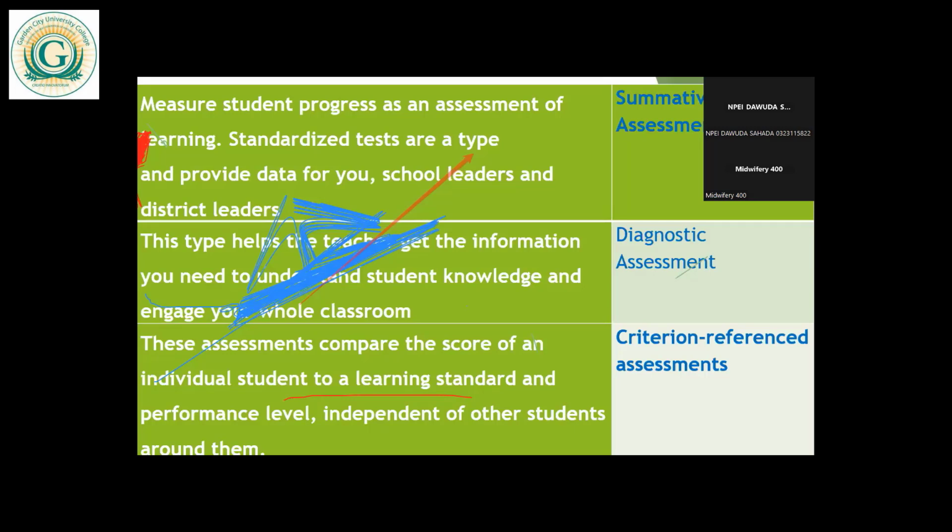Then we have the third one, criterion referenced assessment. From the word criteria. When we say criteria, it means that your performance is measured using a standard. You ask, what is the criteria for this?